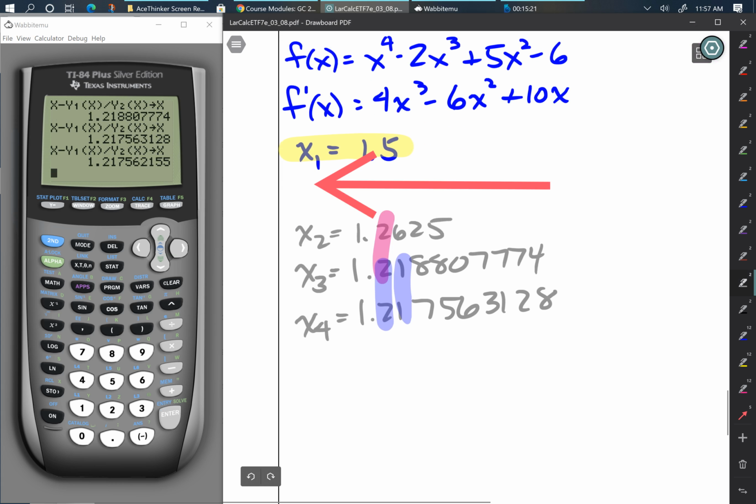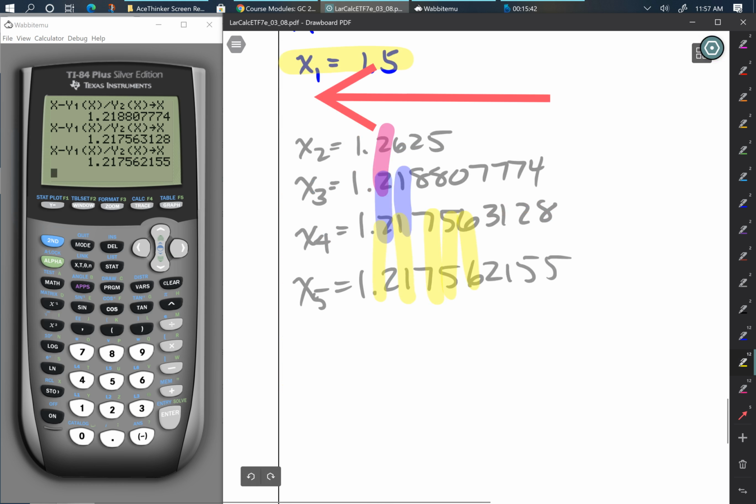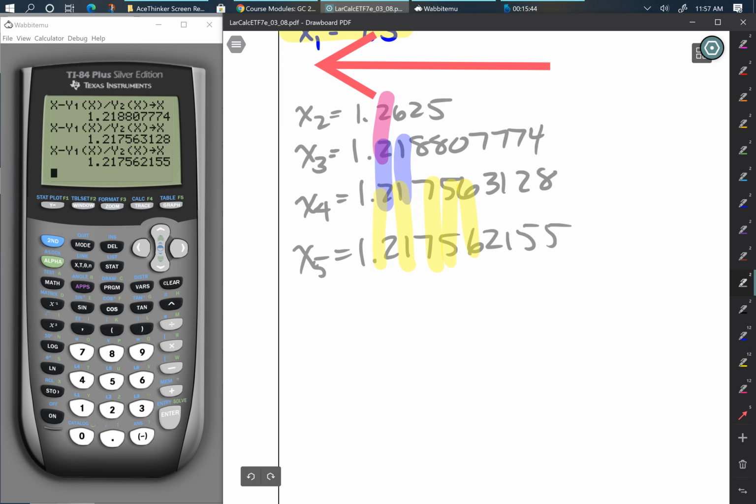My x sub 5, 1.217562155. So what are we looking at now? We got the 2, we got the 1, we got the 7, we got the 5, we got the 6. So that's 1, 2, 3, 4, 5 decimal places of accuracy. We needed 6, so we got to keep going.